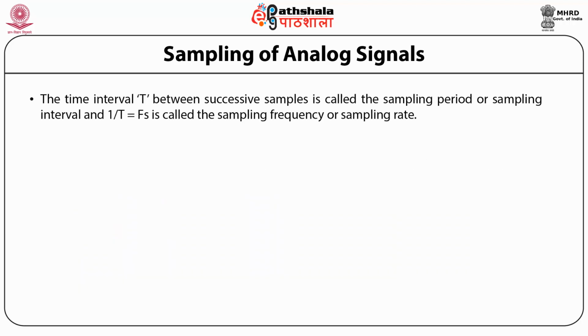The time interval T between successive samples is called the sampling period or sampling interval, and 1 by T, which is equal to Fs, is the sampling rate or sampling frequency. This is related with the time as t equal to nT, that is n by Fs.